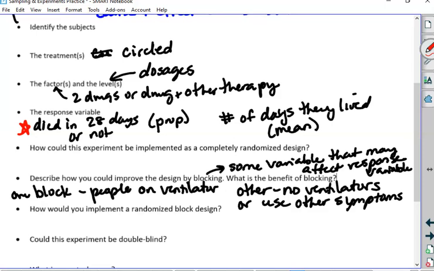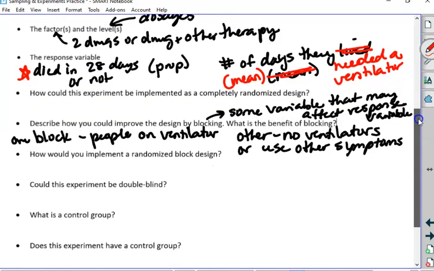There's all kinds of things. Number of days they needed a ventilator is a possibility. That would be a mean. That would probably make more sense than the number of days they lived, because that could go on for a long time. Like, I got well, and I'm living for a really long time after I was on here. So there are different things they could have measured.